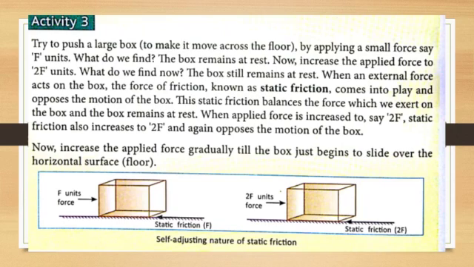It means when a force is applied on a body at rest, a force of friction called static friction comes into play. This static friction opposes the applied force. On increasing the applied force, static friction also increases, but up to a certain maximum value. This maximum value of the force of static friction is called limiting friction.